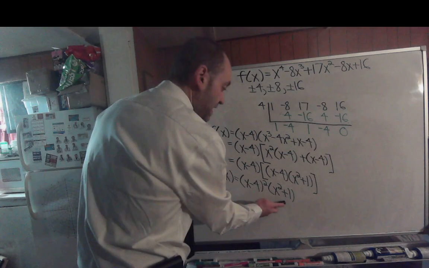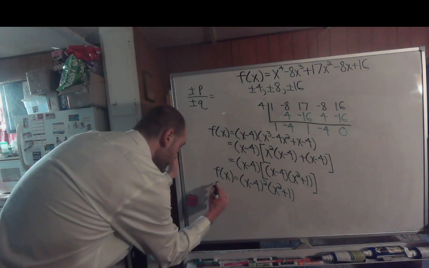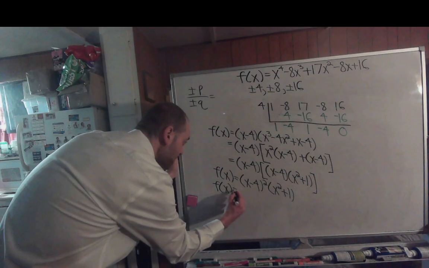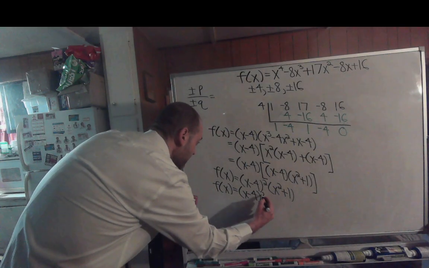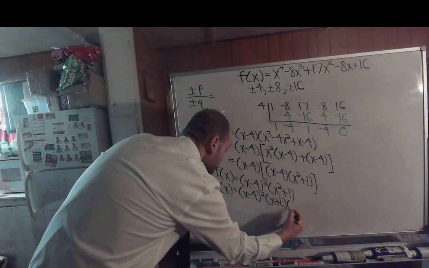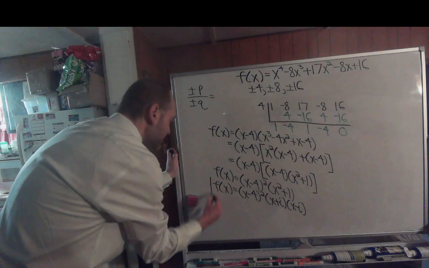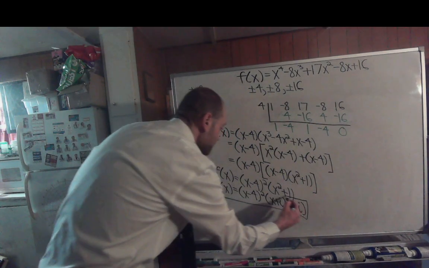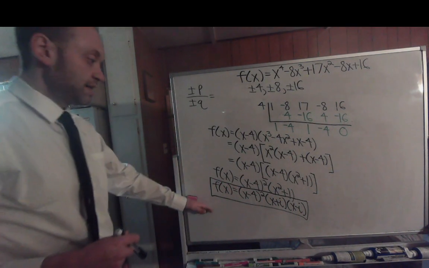But your other factor is the sum of two squares. So this can factor further into f of x equals x minus 4 squared times x plus i times x minus i. That's your complete linear factorization for f of x.